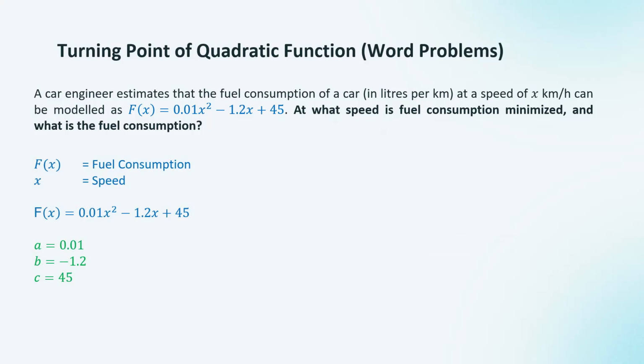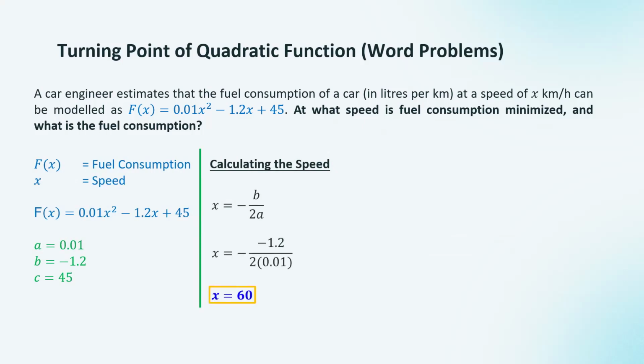And we can try to find the ABC. After this, we can calculate the speed, so the x value, right? So the x should be minus b over 2a, and if we input the values, we know that x is equal to 60. So we know that at 60 kilometers per hour, the fuel consumption will be minimized.